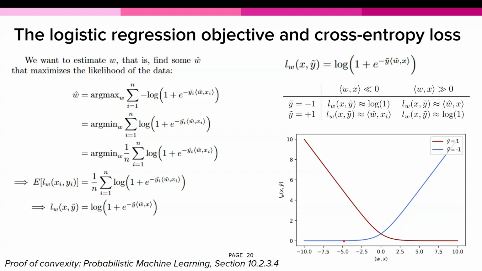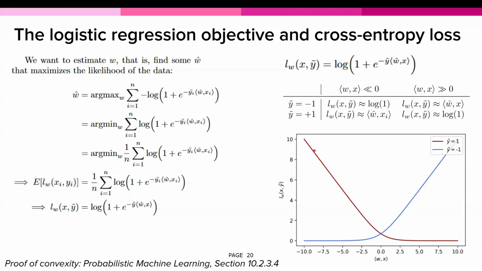For example, if the actual label is negative and the output of the linear predictor is something very large and positive, then there's going to be a huge loss, linear with the size of the prediction in this regime.